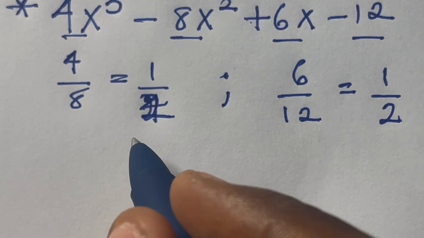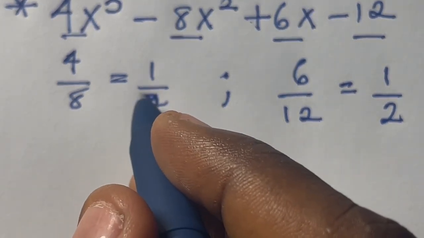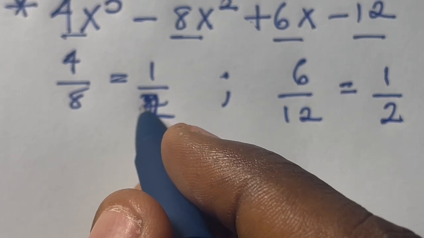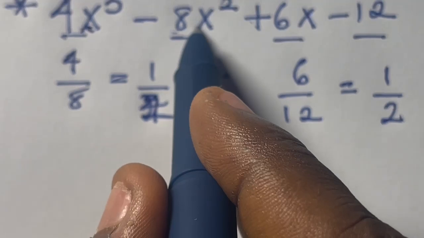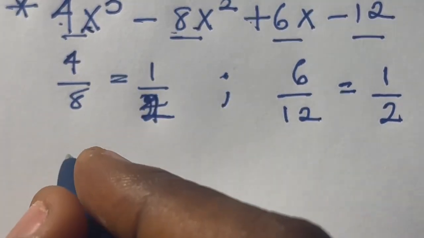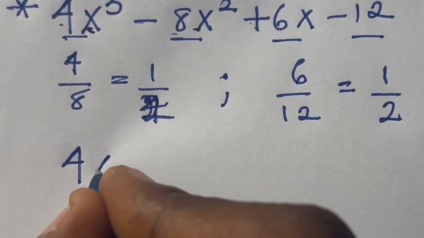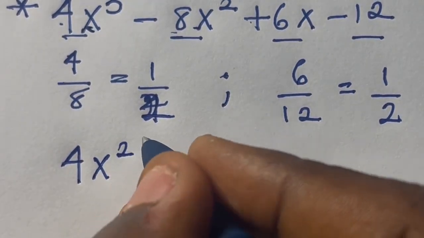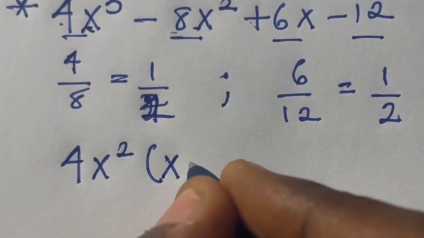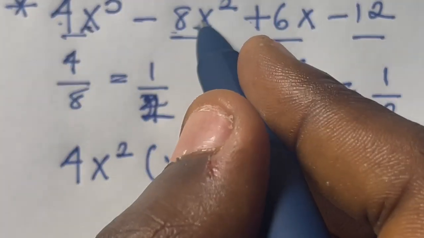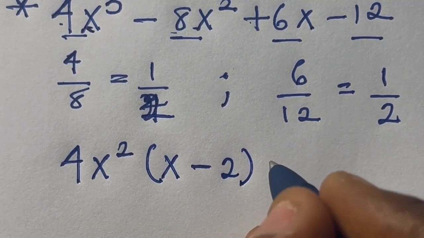So what this tells us is that we can factor this by grouping. In the first two terms, let's take out the GCF, the greatest common factor. 4 is common, and we have x squared as well. So what will be left here is x minus 2.